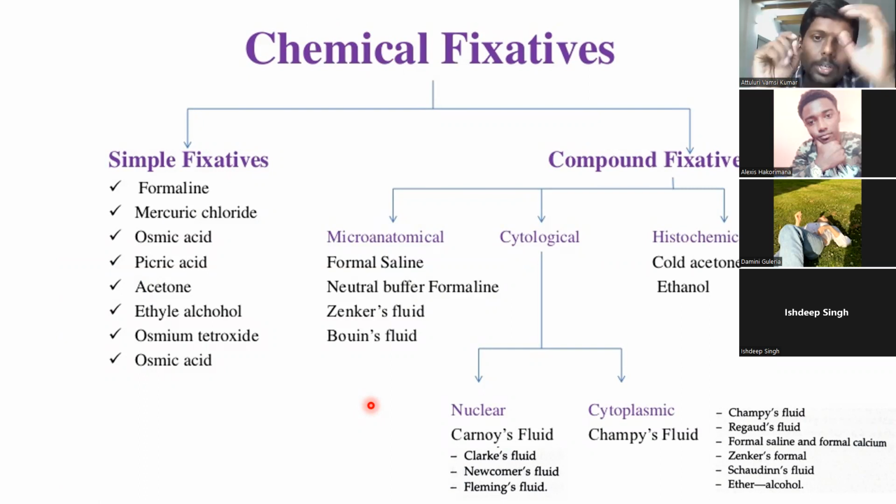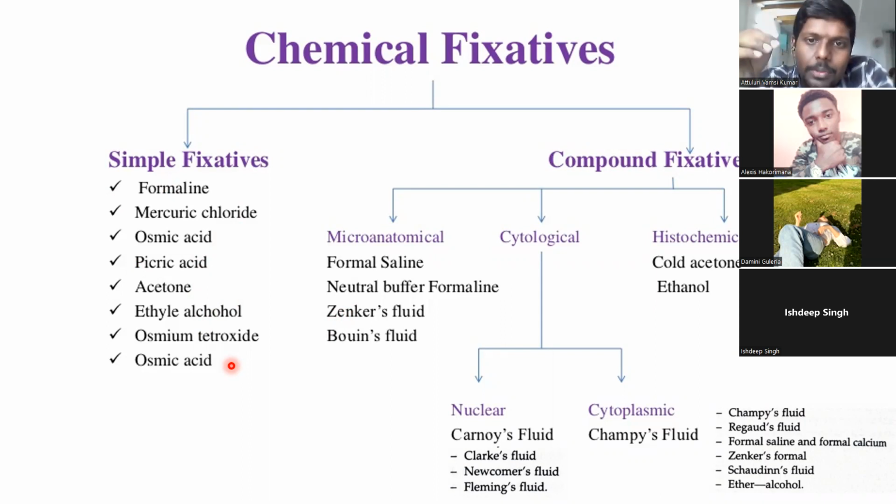If the solution has more than one component, a mixture of two or more, such fixatives are called compound fixatives. Simple fixatives include formalin, mercuric chloride, osmic acid, picric acid, acetone, ethyl alcohol, and osmium tetroxide. Compound fixatives, as the name suggests, have more than one ingredient.